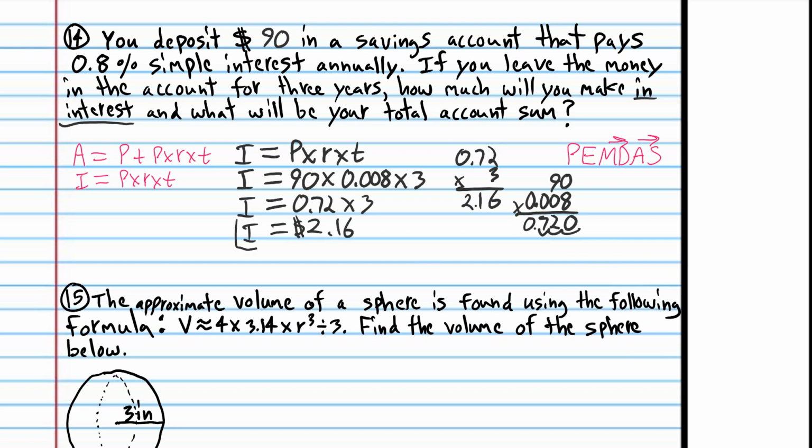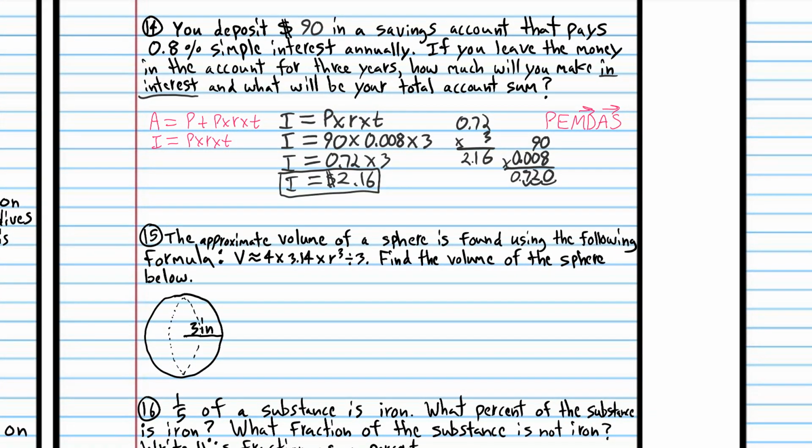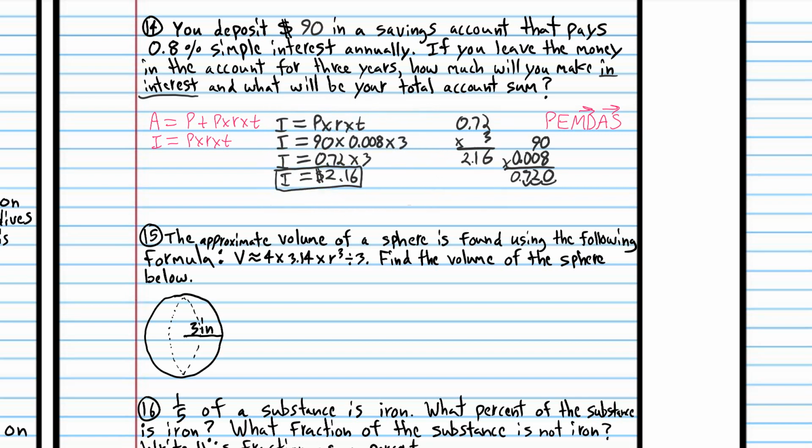So you're going to make $2.16 interest if you deposit $90 and keep it in there for 3 years. So that's the amount that you're going to make in interest.